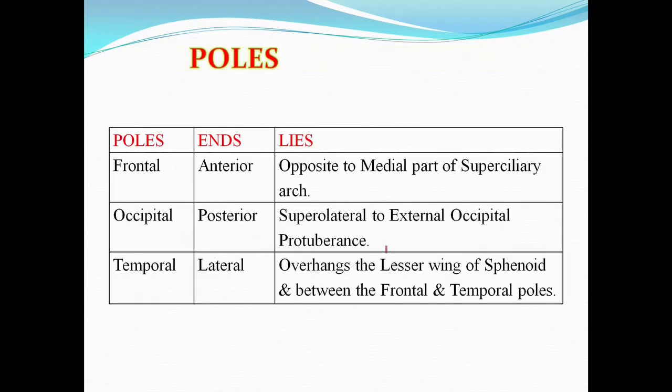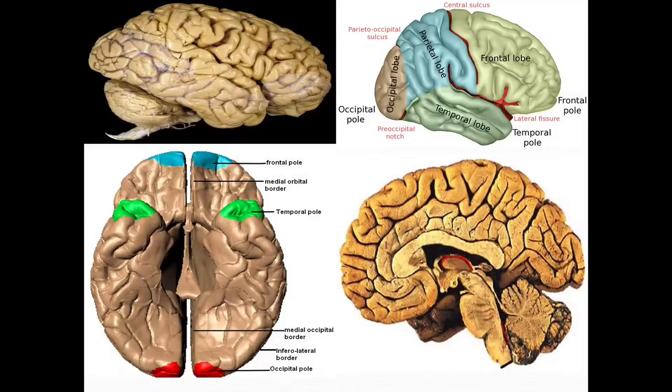When you study the cerebral hemisphere, you can see the photograph of three views of the cerebrum. This can be termed the superolateral surface.